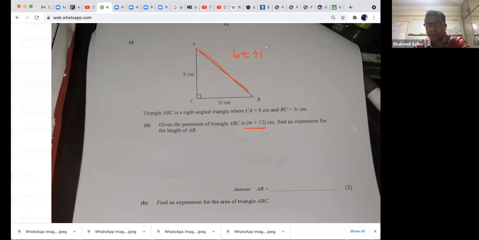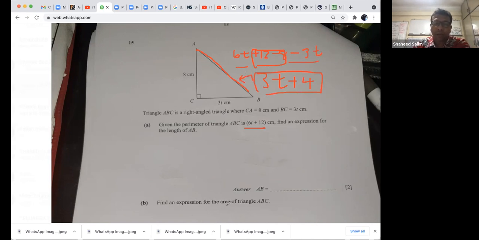This is the perimeter, means we minus 8, and then we minus 3t. So 60 minus 3t, get 3t. Okay, correct. 12 minus 8, Ryan, is 4. So this is 3t plus 4 for this side.